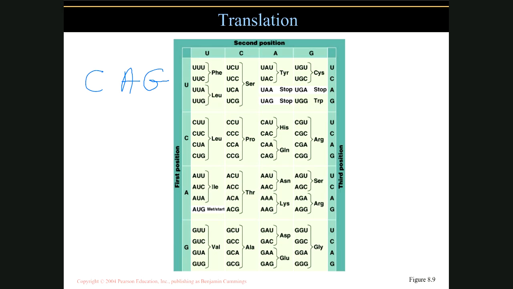C and A and CAG, and that codes for glutamine. Right, so is all that familiar?